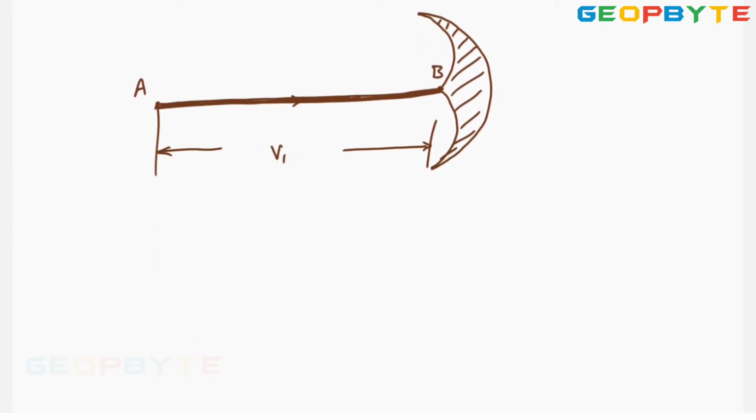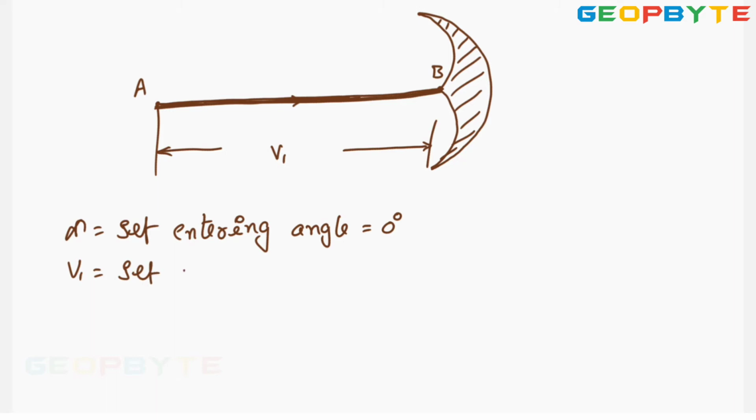Jet entering horizontally means the jet entering angle alpha equals 0. The jet entering angle equals 0 degrees for the Pelton wheel. V1 equals jet velocity, which is in meters per second.